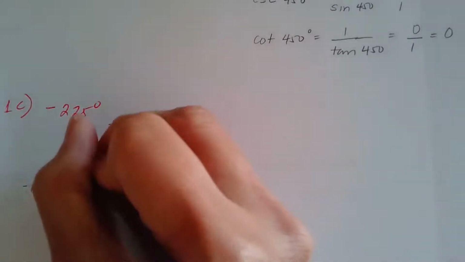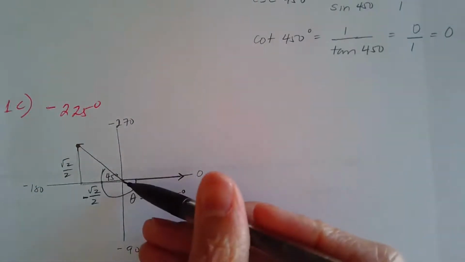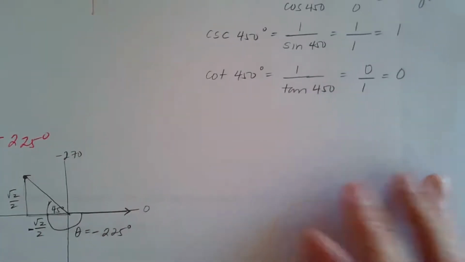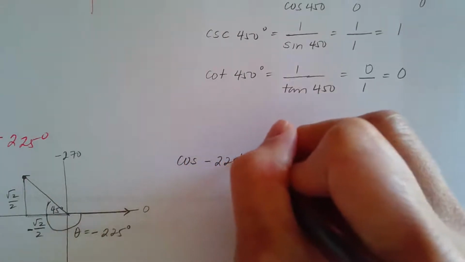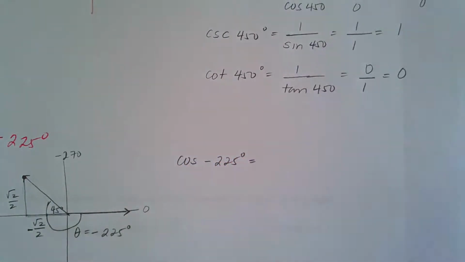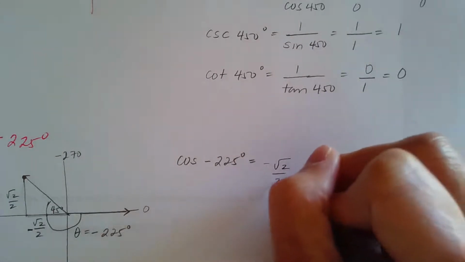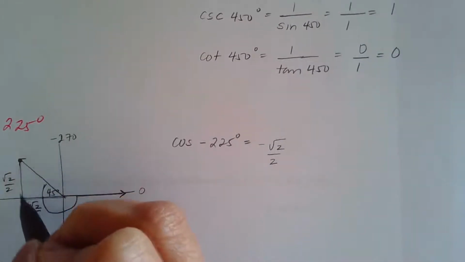Okay, so that's that point right there on my terminal arm. So the x is the cosine of negative 225 degrees, which is going to be negative root 2 over 2. Sine is the y.